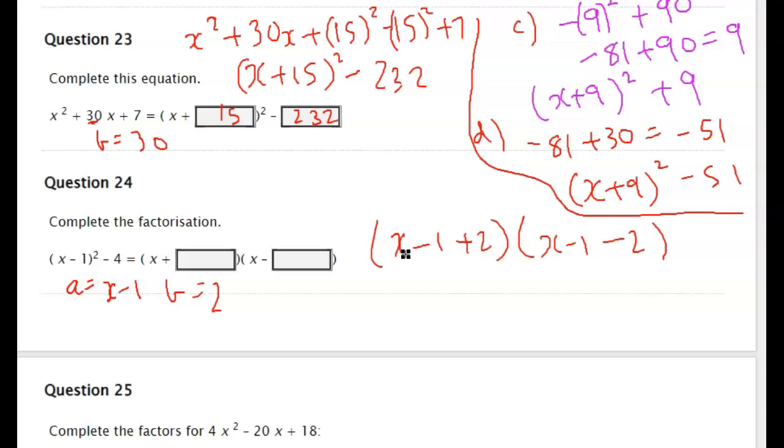All right, and then we obviously can add these numbers together. So negative 1 plus 2 is x plus 1. And then x minus 1 minus 2 is x minus 3. Now, you can see here we've got the plus, so I'll put x plus 1 in here first, and x minus 3 in that second spot.